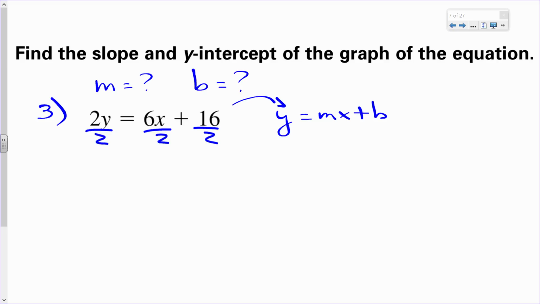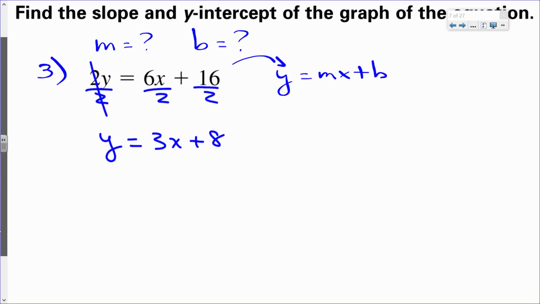What ends up happening? Y is 3x plus 8. Sweet. So far, so good?